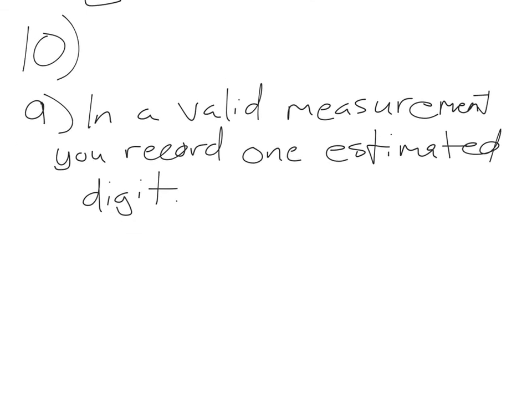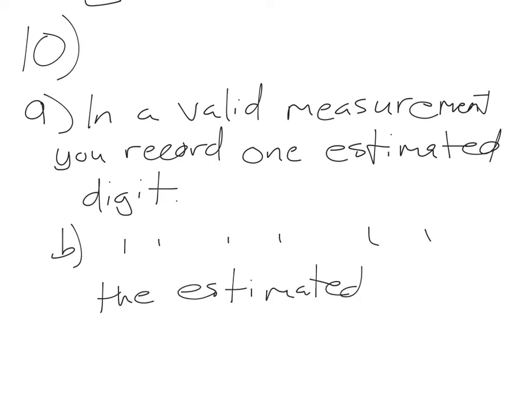Okay, that's 10A. Here's 10B. In a valid measurement, I'm not going to write that again. Okay, the estimated digit is the, and then I have choices: the first digit, the second to last digit, or the last digit.